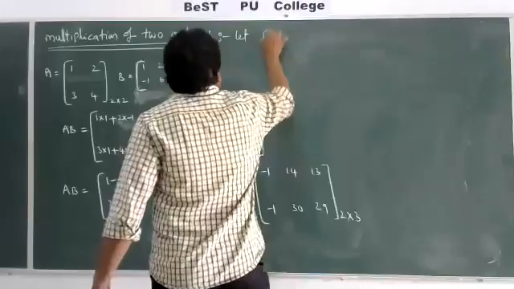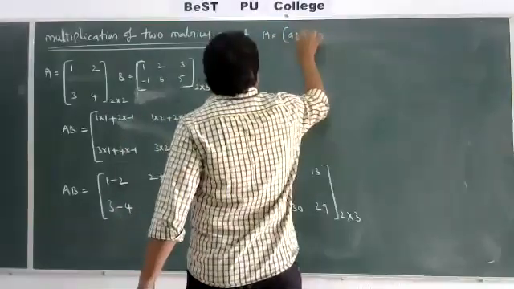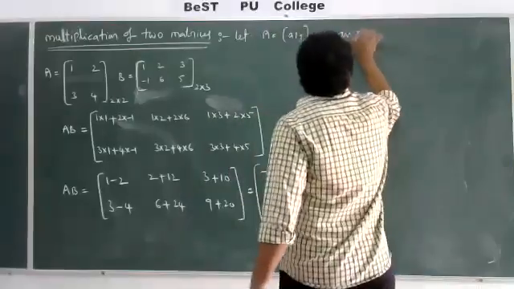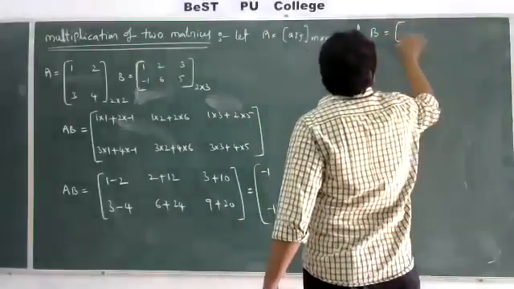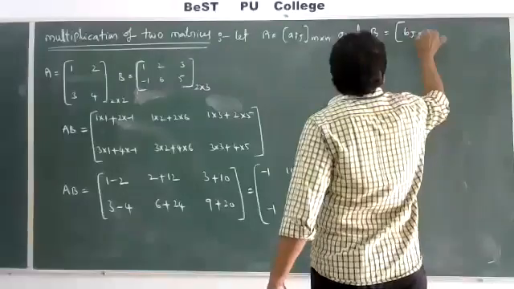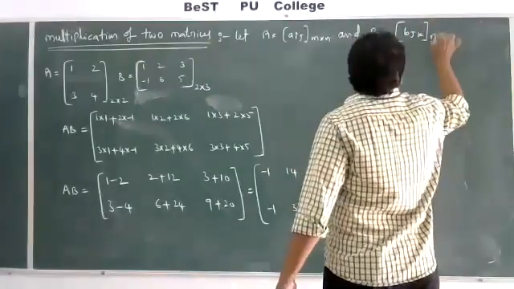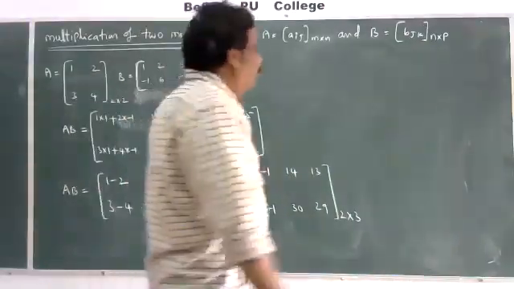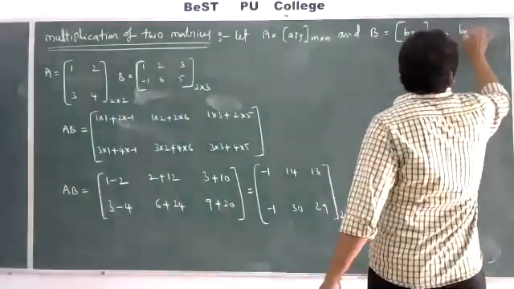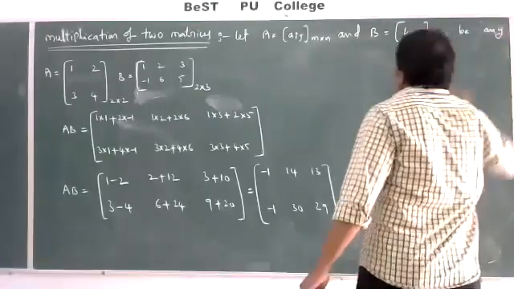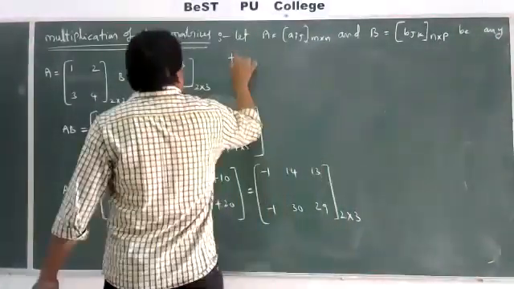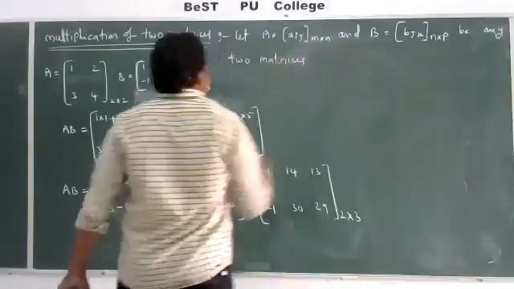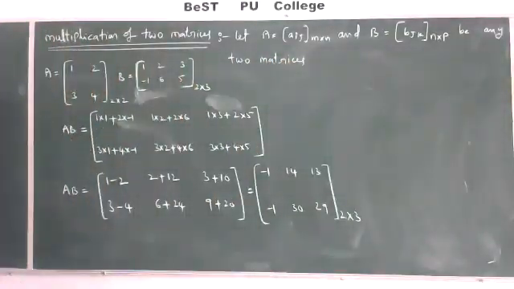Let A equal Aij, m by n, and B equal Bjk, n by p, any two matrices.